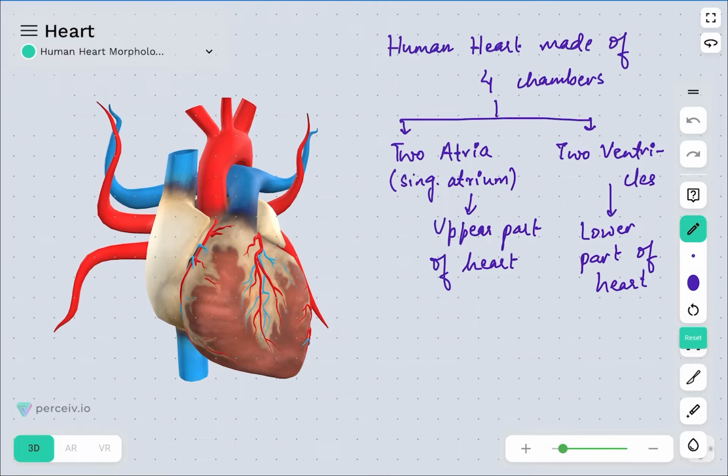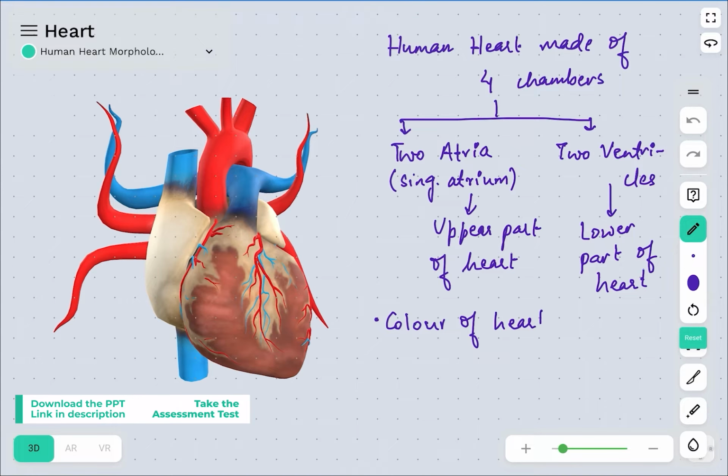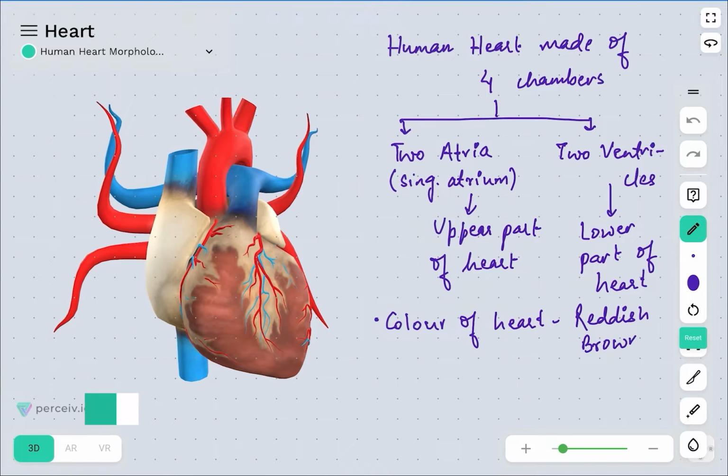Now, if you can see the color of the heart, then the color of the heart is usually reddish brown. All right.